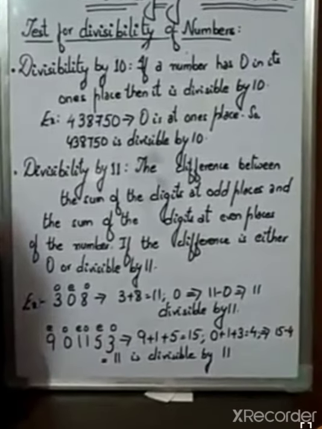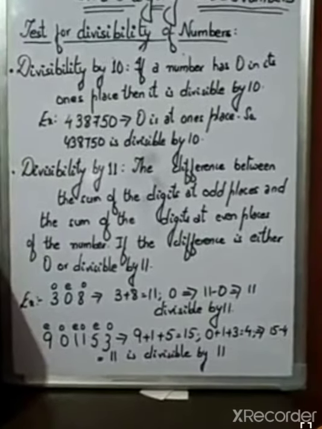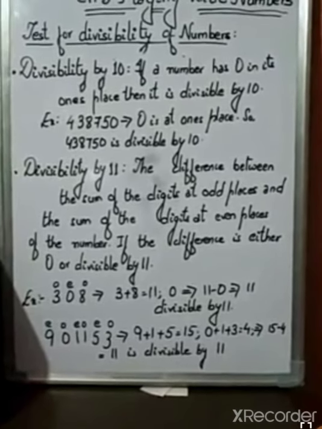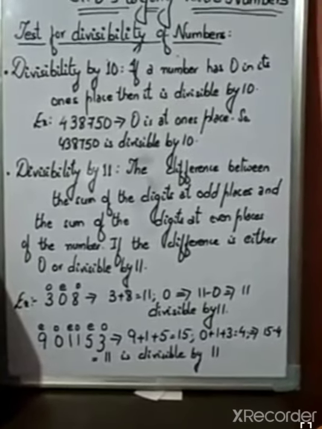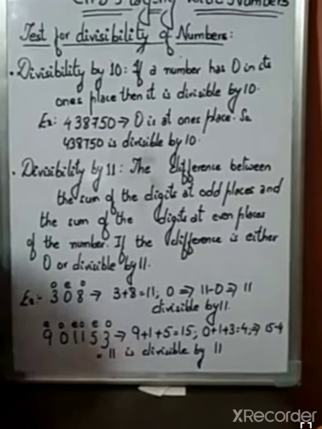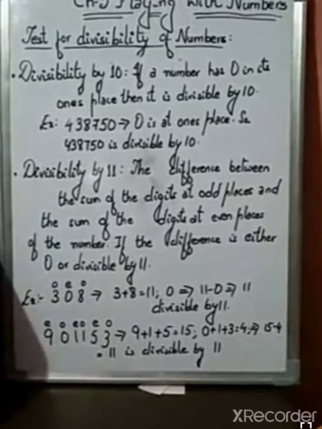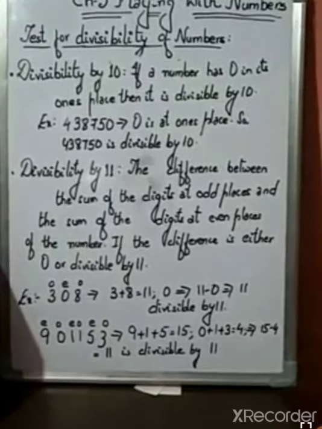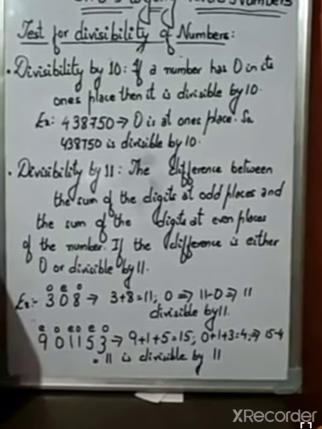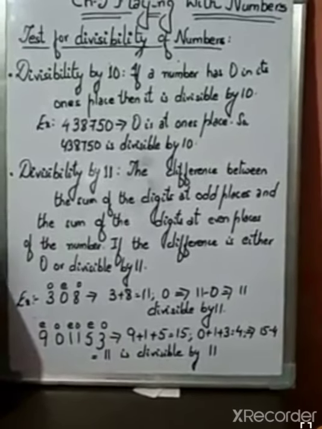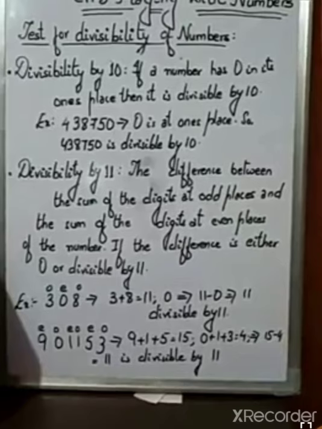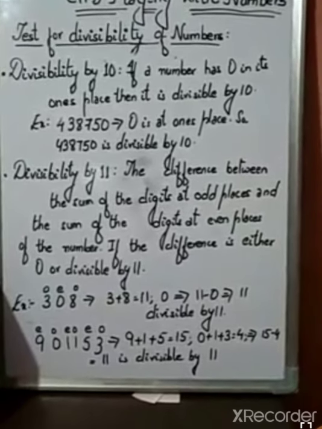So it's 9 plus 1 plus 5, answer is 15. And for odd places, it's 1 plus 3 plus 0 plus 1 plus 3, answer is 8. So now I have to calculate the difference. 15 minus 4, answer is 11. So 901153 is divisible by 11.